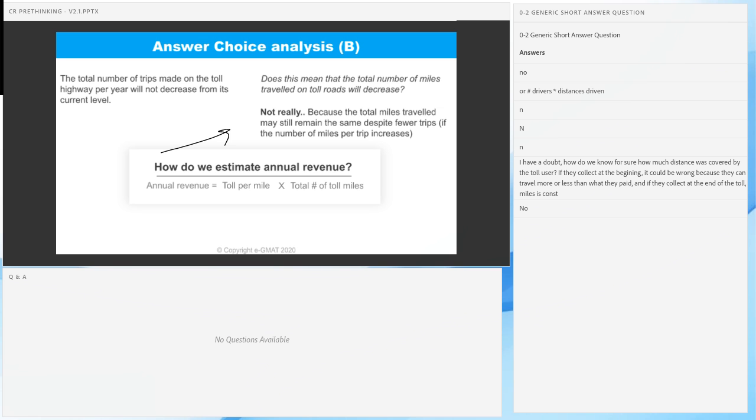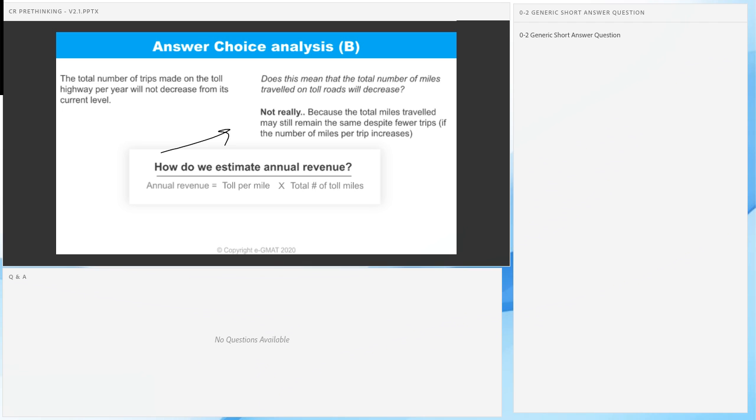First, is that clear? Please put the doubts in the Q&A part, that way those doubts are cataloged. Is this clear why choice B is wrong? Because it's not must be true. It's a great strengthener. It's not an assumption.